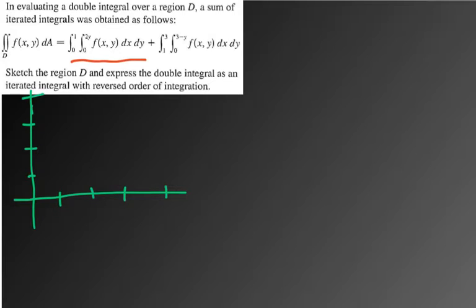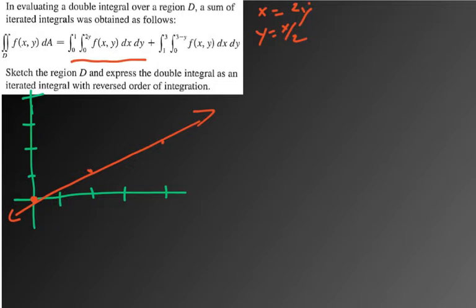And then 2y is a line that goes through the origin and has a slope of 1/2, because if x equals 2y, then y equals x over 2. So just go up 1 over 2. Let's do one more, up 1 over 2.